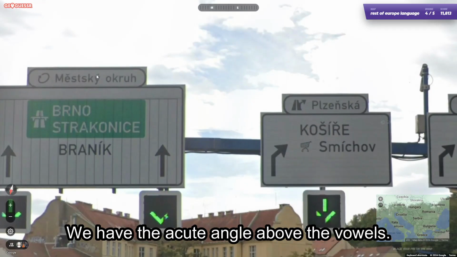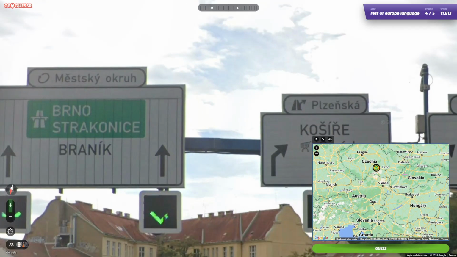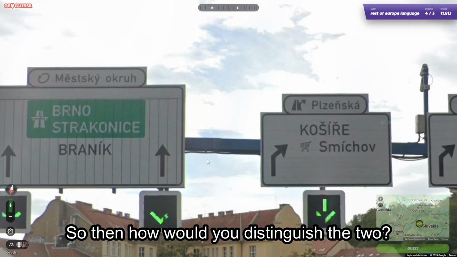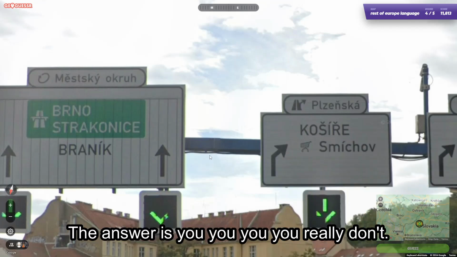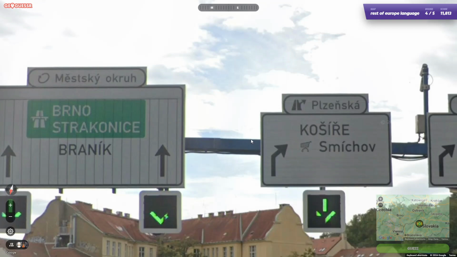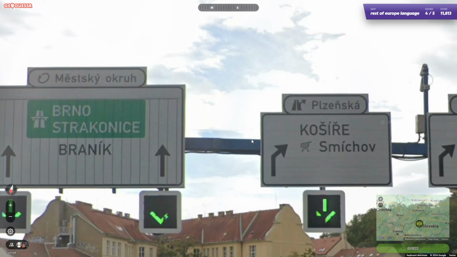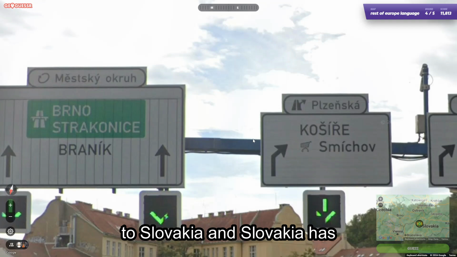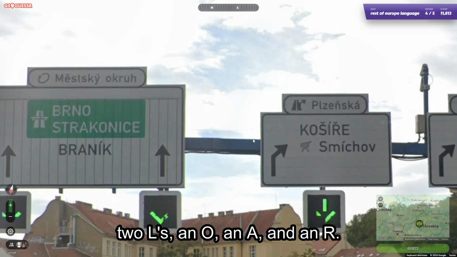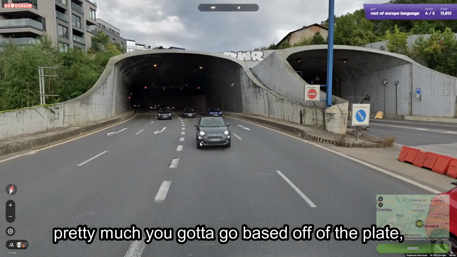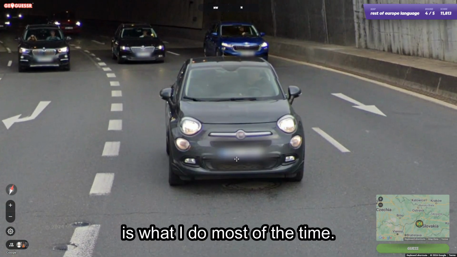We have the acute angle above the vowels. So we were in Czechia or Slovakia. So how do you distinguish the two? The answer is you really don't. Like I said earlier, Czechia has a unique R, U, and E to Slovakia, and Slovakia has two L's, an O, an A, and an R. So pretty much you gotta go based off of the plates, is what I do most of the time.